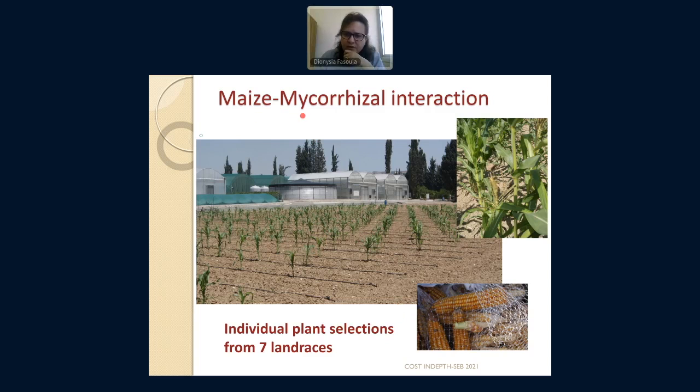So for this particular series of experiments, here you see a view of our maize field where we have the individual maize plants allocated according to one honeycomb selection design. We worked with 7 landraces and individual selections from those.